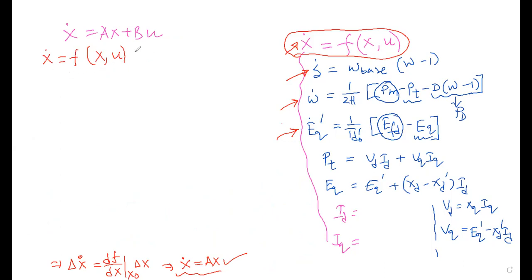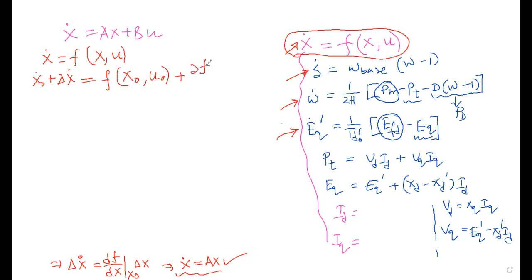you can now express it again as x0 dot plus del x dot in the same manner. However, on the right hand side, now you have to write f of x naught, u naught plus, we have to use partial derivatives now because we have two different sets of variables, x and u.